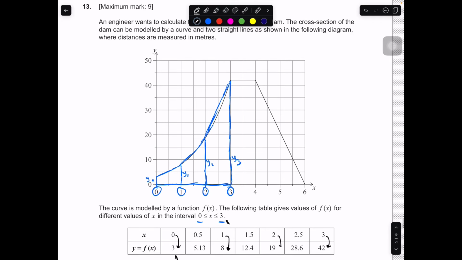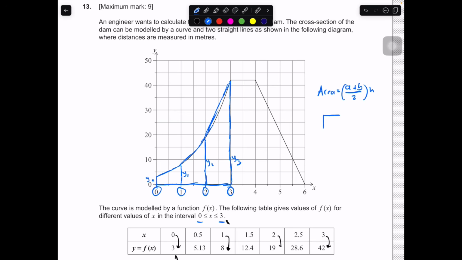Just to give a quick demonstration, really quick, because I know I've done this in another video. Area of a trapezoid, and this is given to you in the formula booklet, is a plus b over 2 times the height.